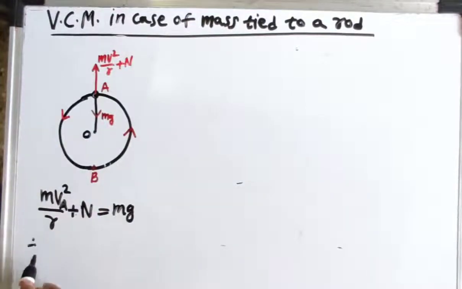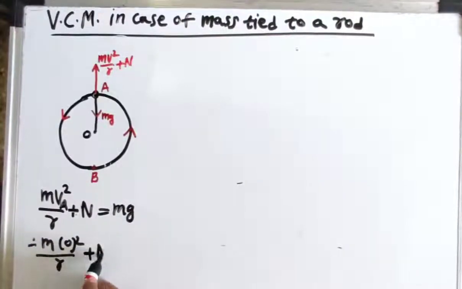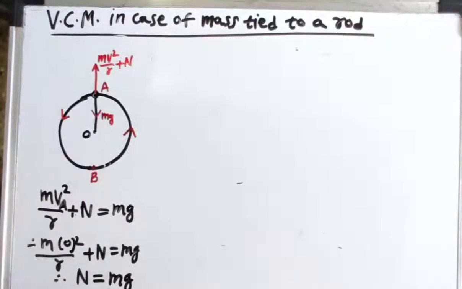So we can write m into 0 square upon r plus N is equal to mg. Therefore we get N is equal to mg.